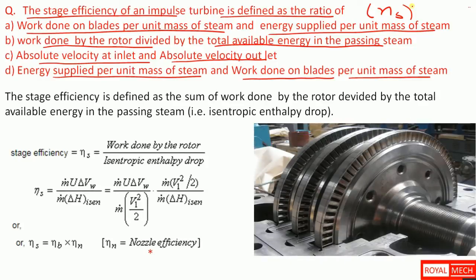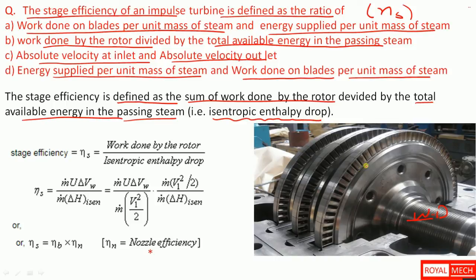Stage efficiency is defined as the work done by the rotor divided by total available energy in the passing steam. So how much work is done by this rotor, divided by total available energy, which is also called isentropic energy.